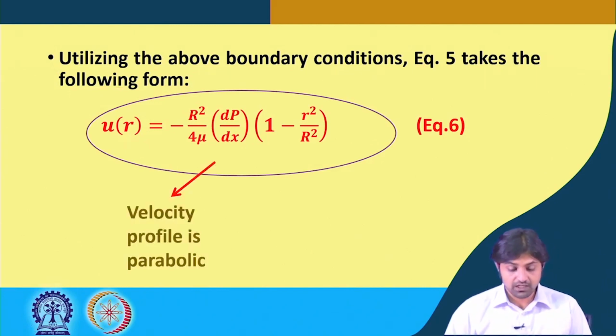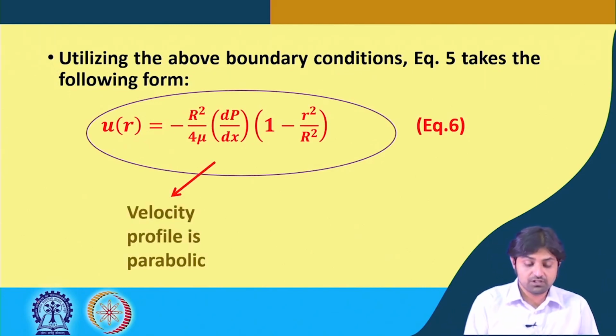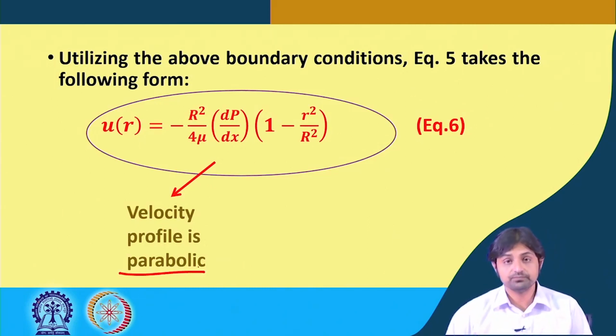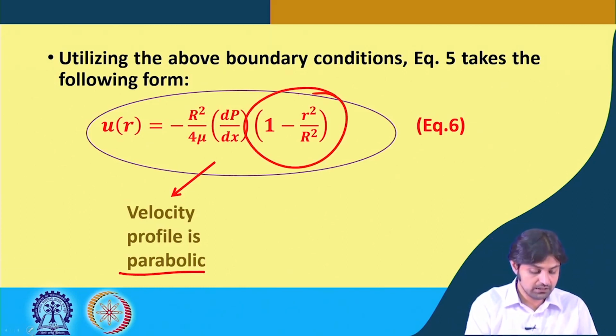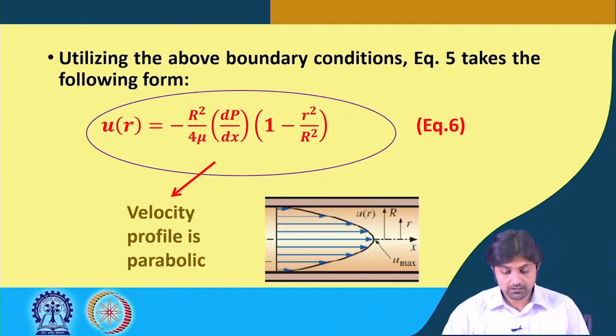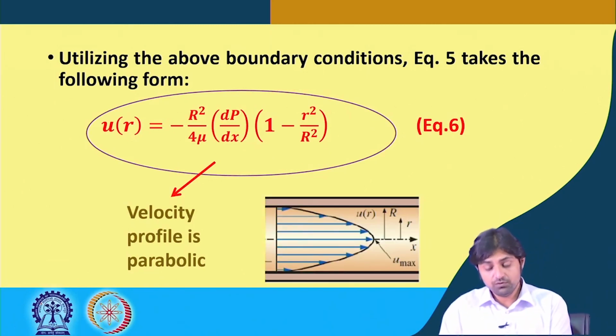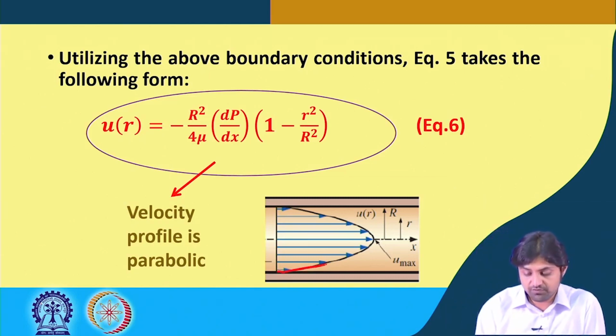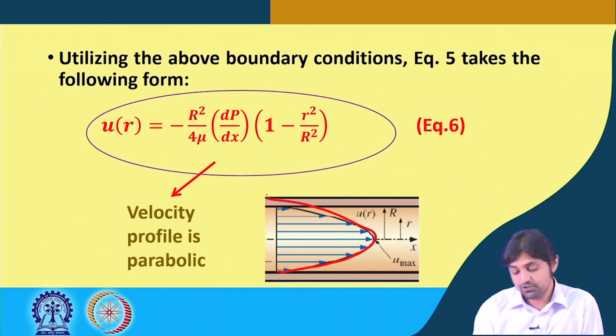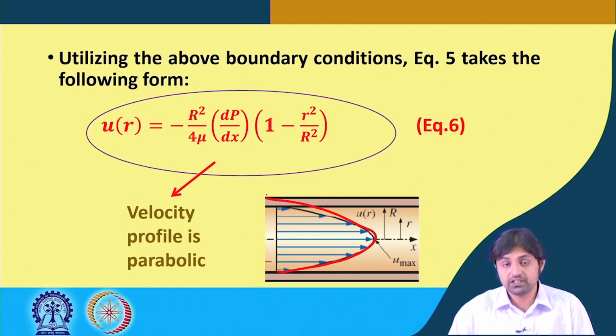And this is the velocity profile which is parabolic in nature. This is important to note. You see, this part here is parabolic. So now you can recollect and see why we started with this particular profile, because in reality on derivation you will find this profile which is parabolic in nature.